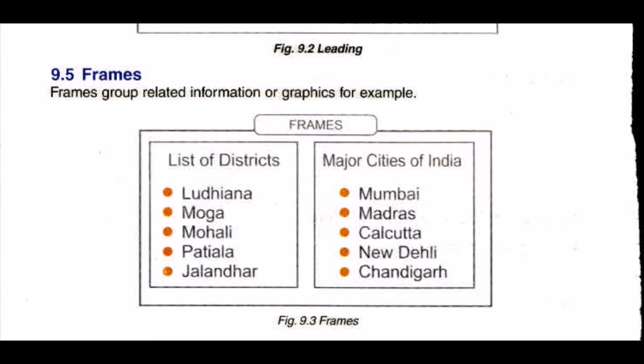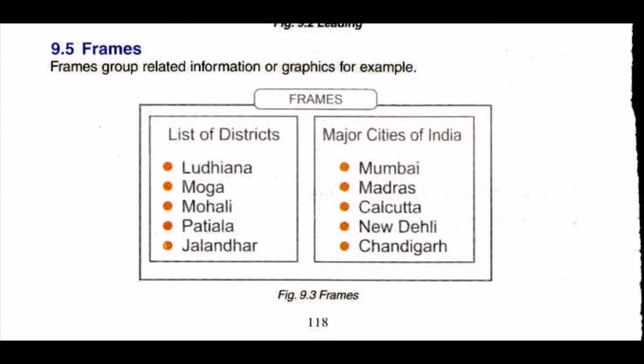So the basic purpose of a frame is to enclose information, or the same type of information. In a word processing software, we can process the same type of information in one box or frame, which is called framed information. Like a list of districts in one frame, major cities of India in another frame, but they are both enclosed in a bigger frame.